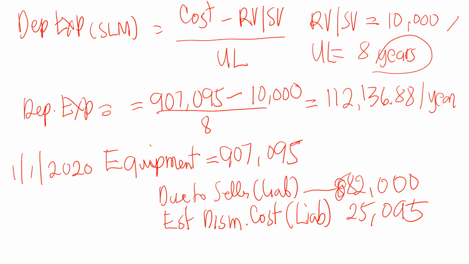So after 30 days, assuming the company paid the liability after 30 days, for example, January 31, the journal entry will be first the payment of the liability, so debit to due to seller.